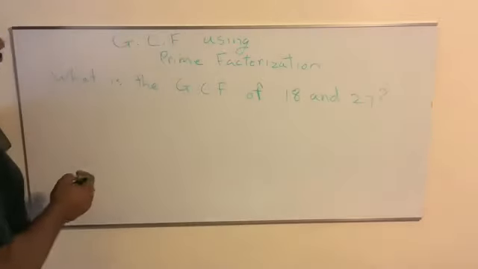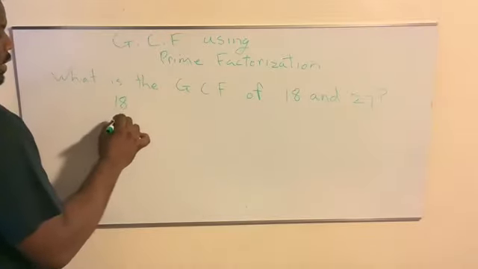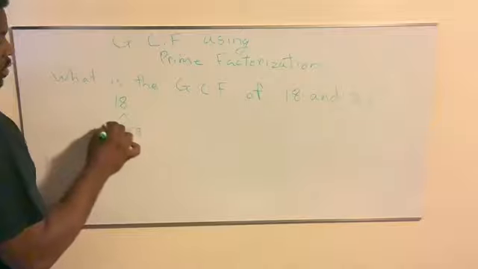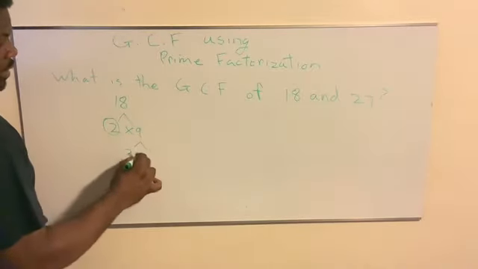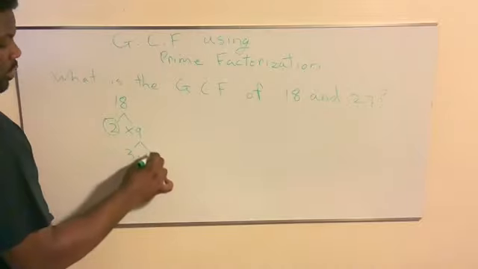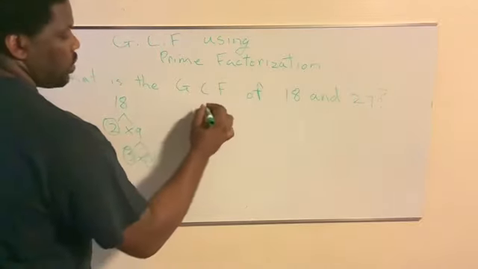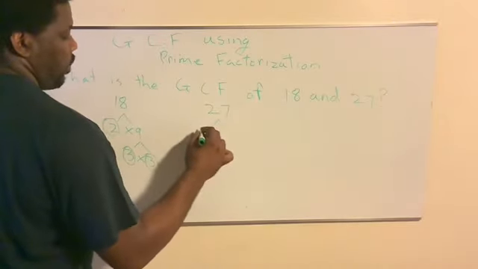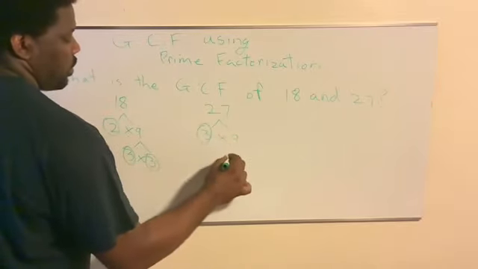Using prime factorization, so if you use our factor tree for 18, you can start off with 2 times 9. 2 is prime. 3 times 3. 3 is prime. 27, I have 3 times 9. 3 is prime.